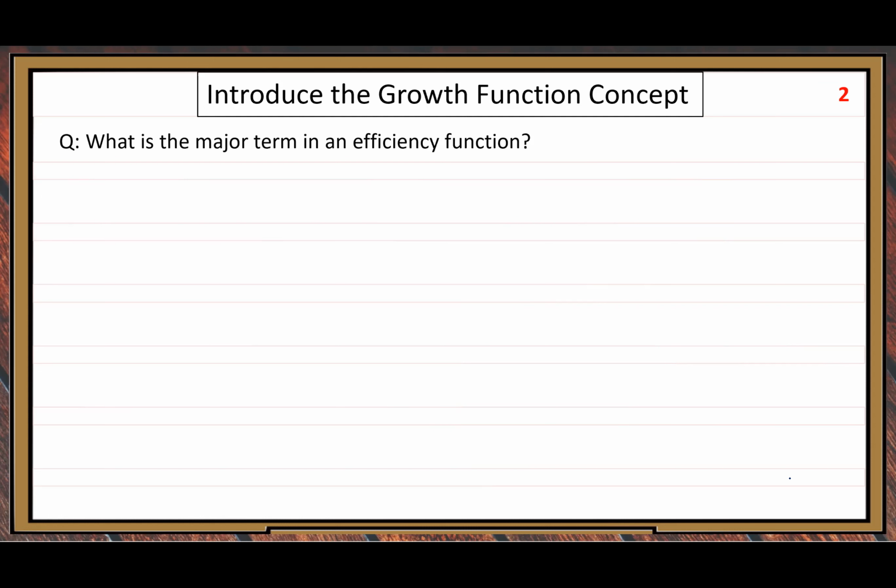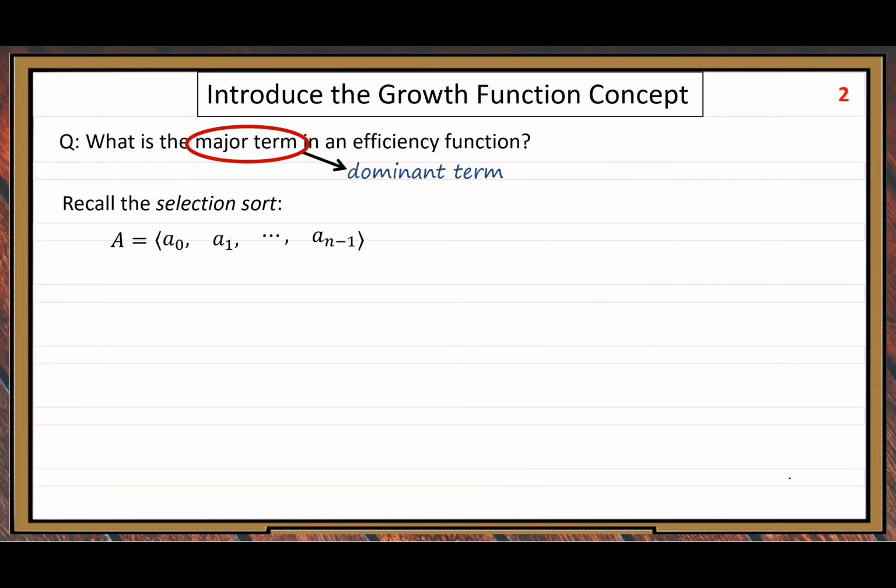For the major term, we learned a similar term before, called the dominant term. The term dominates the function value in some way. In which way does it dominate? We will see it. Let's recall the selection sort we did last time.